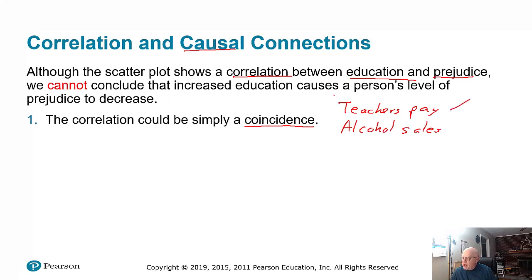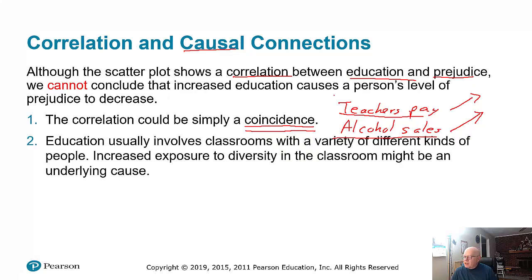As the teachers' pay went up, alcohol sales went up. So you might say, okay, there's a correlation there, but does it mean teachers' pay makes the alcohol sales go up? Probably a coincidence.